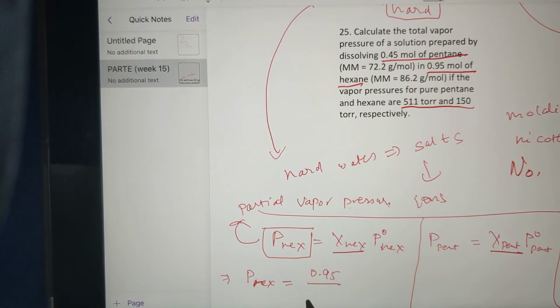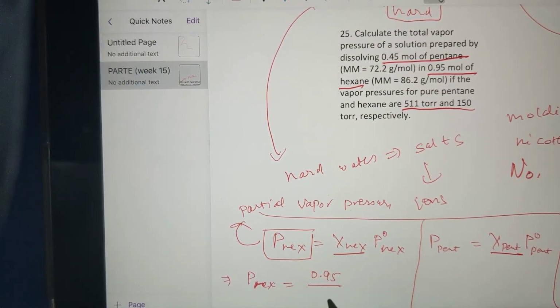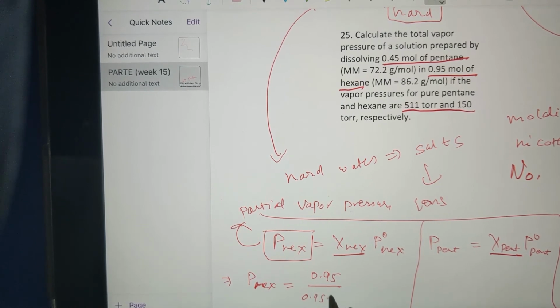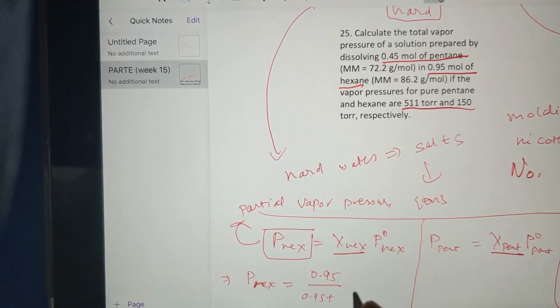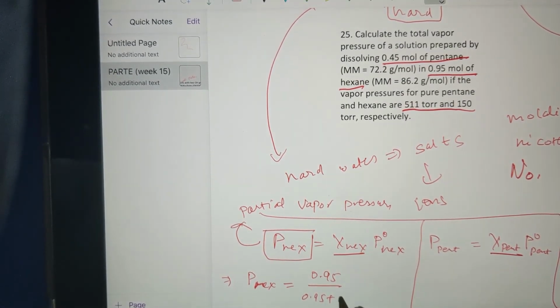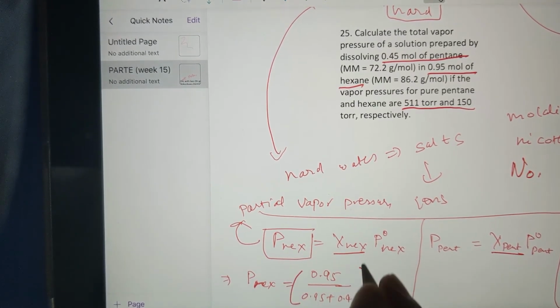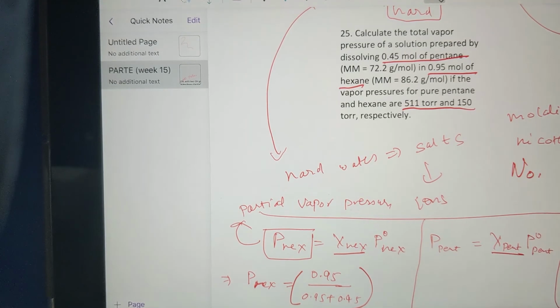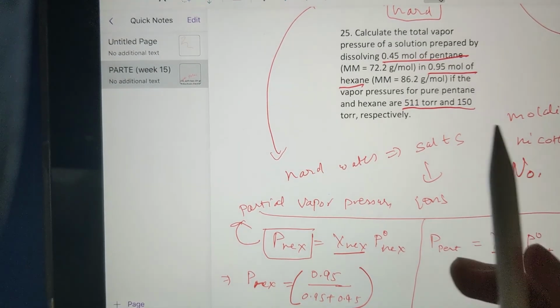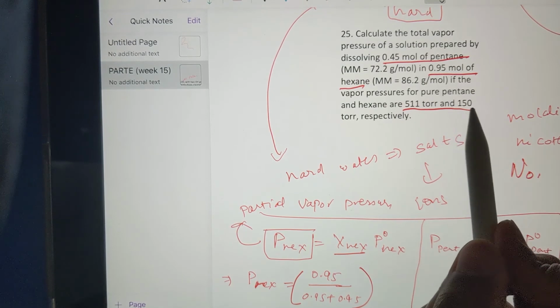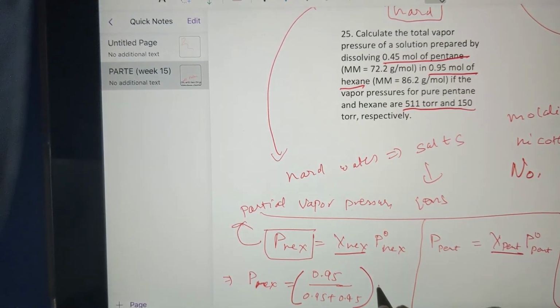So you're going to add the moles of hexane and pentane both. So 0.95 plus 0.45. So this will be your mole fraction of hexane, and multiply this by the vapor pressure of pure hexane, which is in this case 150 torr.